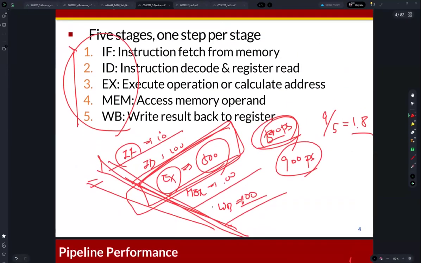But if we apply 5 stages, the expected maximum speed up is 5. Compared to this ideal, the speed up of 1.8 is very low. So the delay of each stage needs to be balanced.